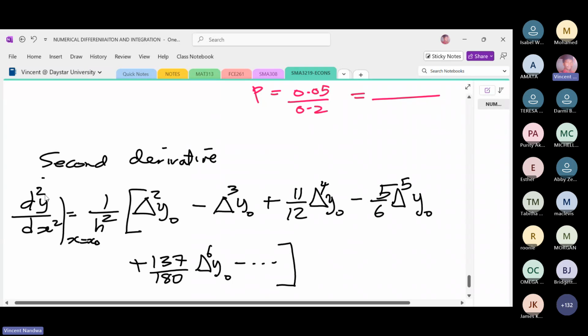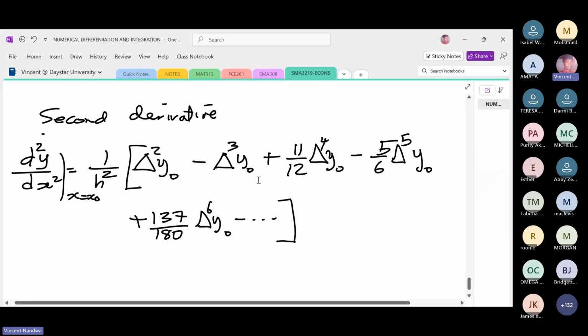Using the chain rule, you'll see where we get this 1 over h squared. When you substitute p for 0, the coefficients will be the way we have written them here. There's no pattern to follow here. Like in the first derivative, where it's very easy to predict the next term, for the second derivative it is not predictable.